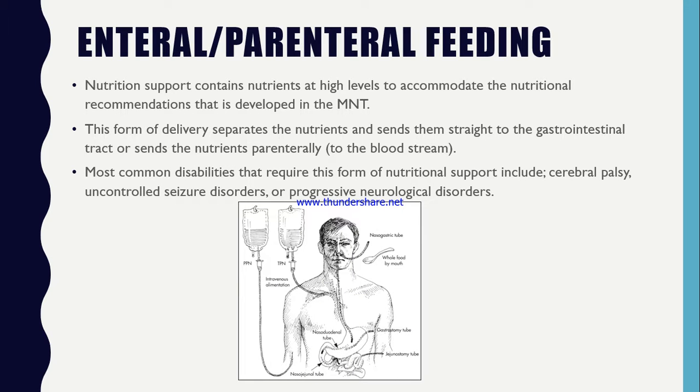Most common disabilities that require this form of nutritional support include cerebral palsy, uncontrolled seizure disorders, or progressive neurological disorders. And the picture at the bottom displays the difference between the gastrointestinal tract, or the tract that leads directly to the bloodstream, and you can see where the nutrient bags are connected into the body.